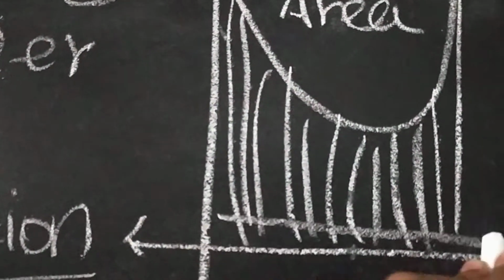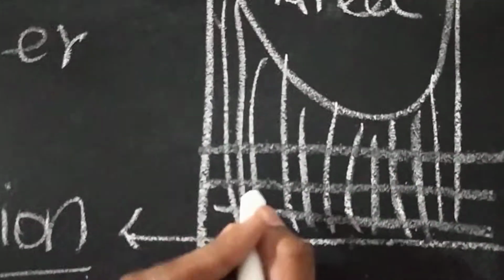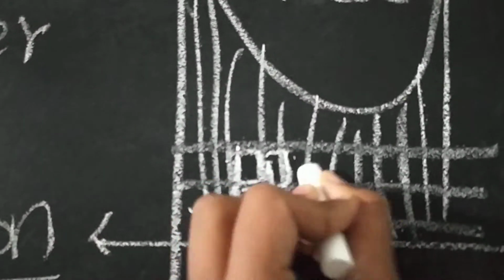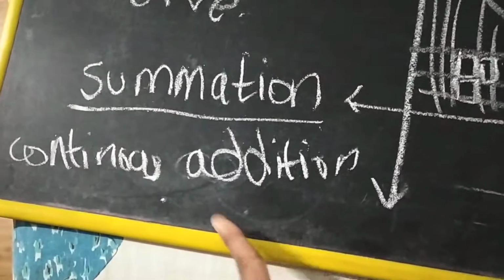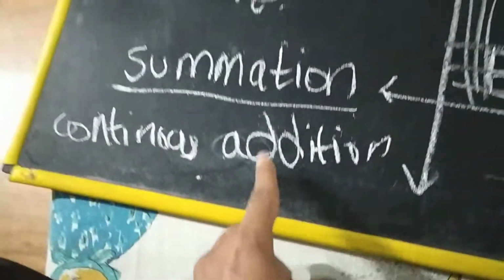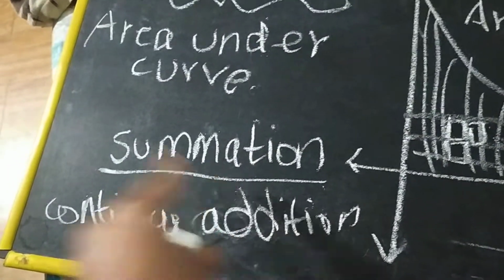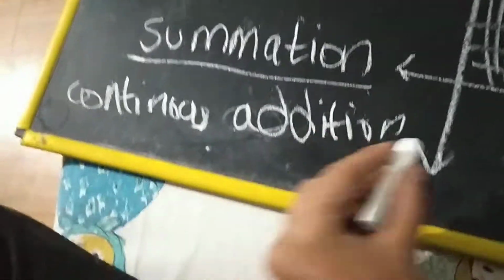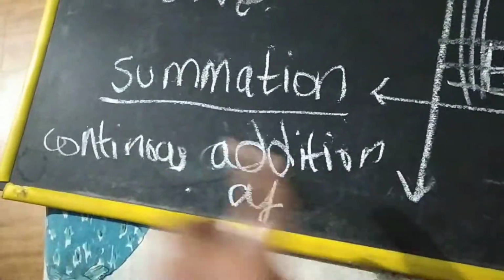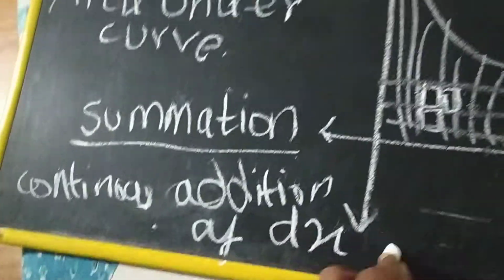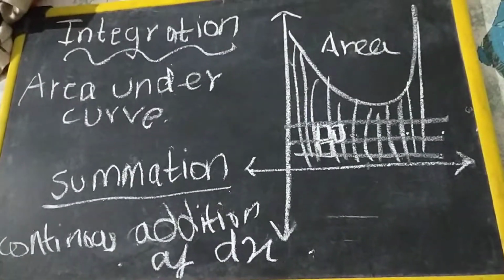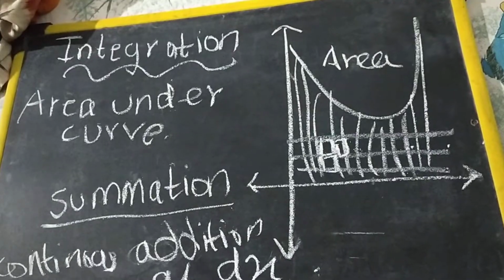That means, in this area, if we make small squares, the continuous addition of these squares is nothing but the summation of dx, right? Summation, or you can say continuous addition, of dx. So this is what integration is.